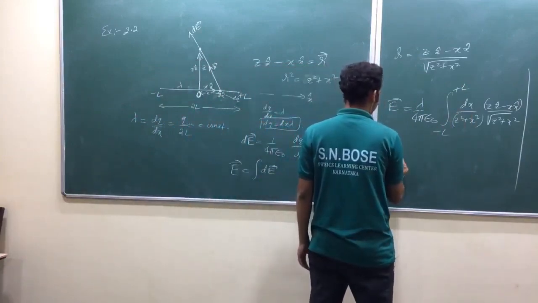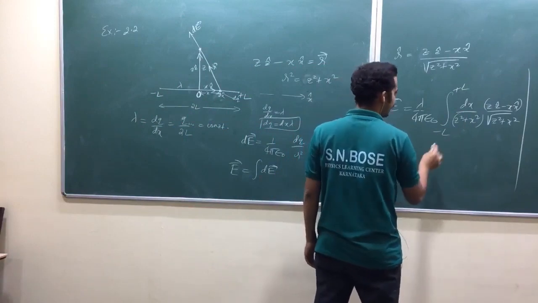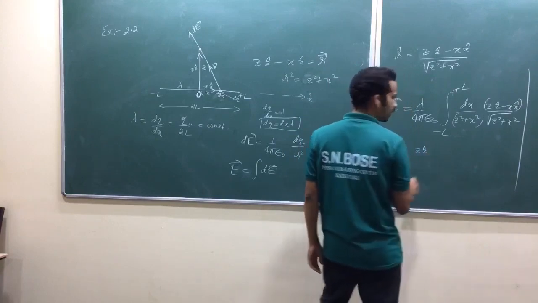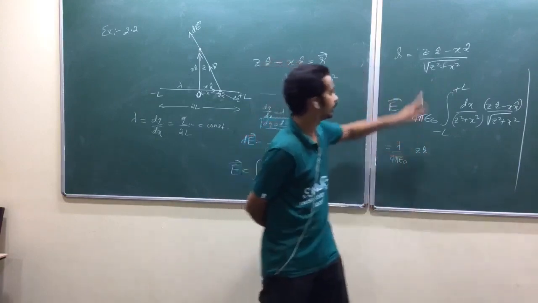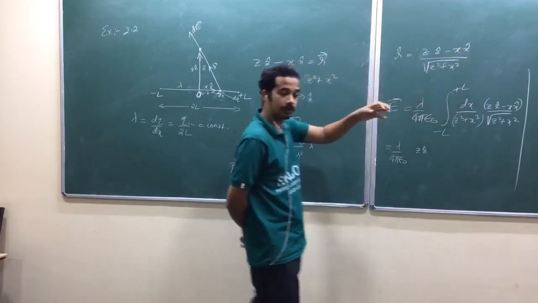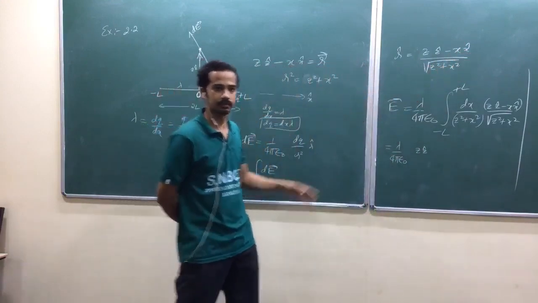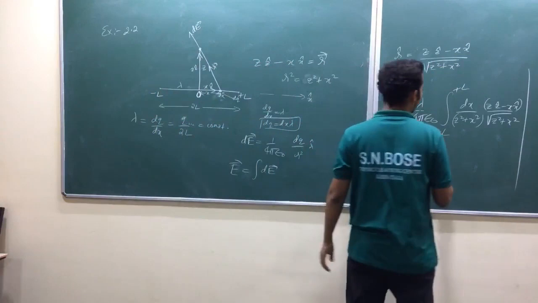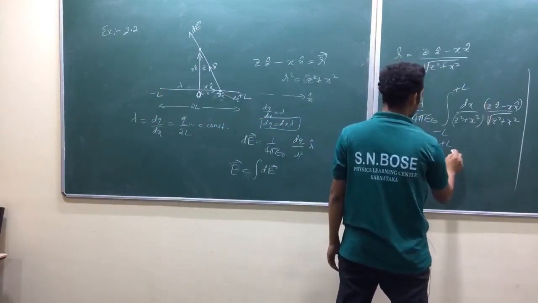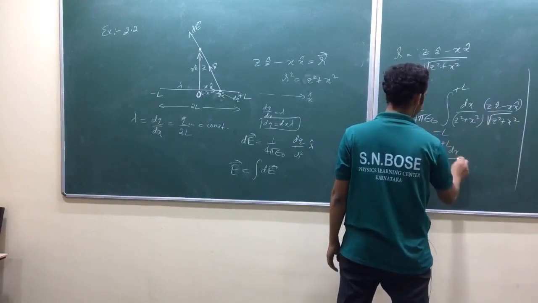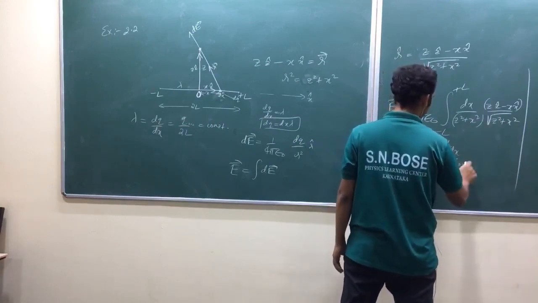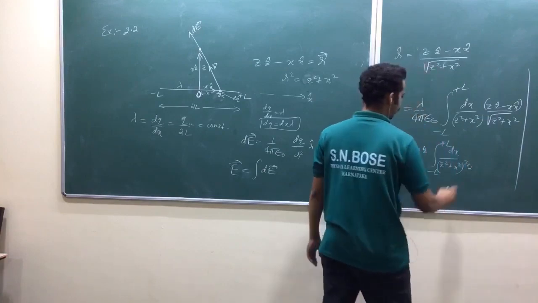So now look at here. Lambda by 4 pi epsilon naught. z is constant, I can take that one out. z into z cap. z cap is also constant. Writing this one like this, because these vectors are constant, you can take them outside the integration. That was the idea. Okay. z into z cap, integration minus L to plus L, dx by z square plus x square whole power 3 by 2.